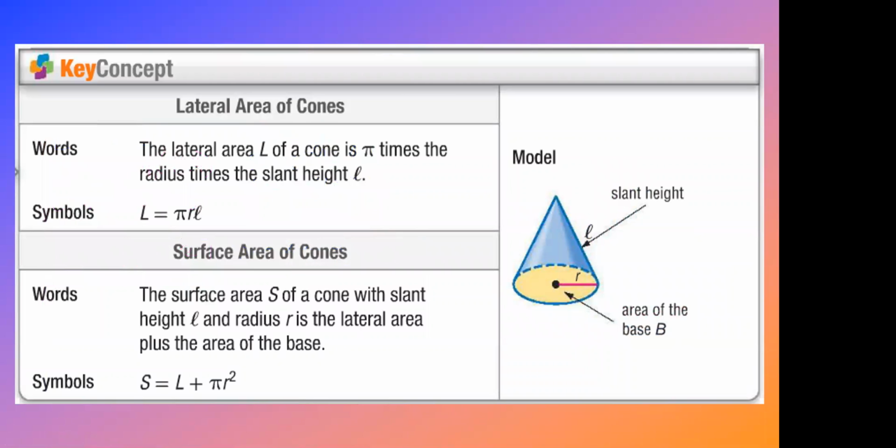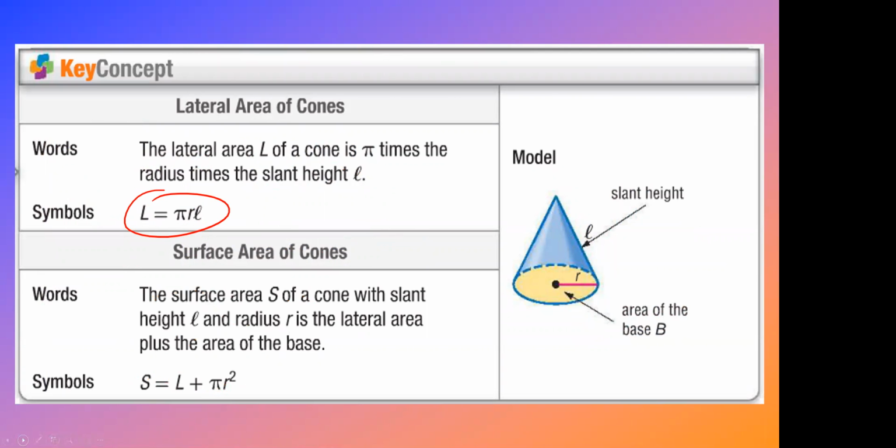Now, this section also talks about the lateral area of a cone. The lateral area of a cone is equal to pi times the radius times L, which is the slant height again. And then the surface area of a cone is the lateral area plus the area of the base, which is pi r squared.